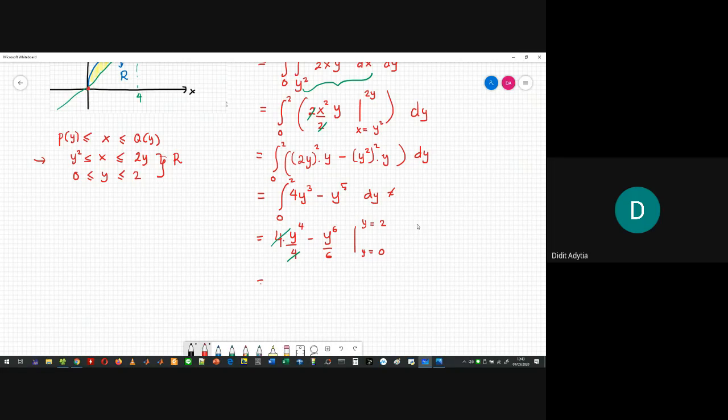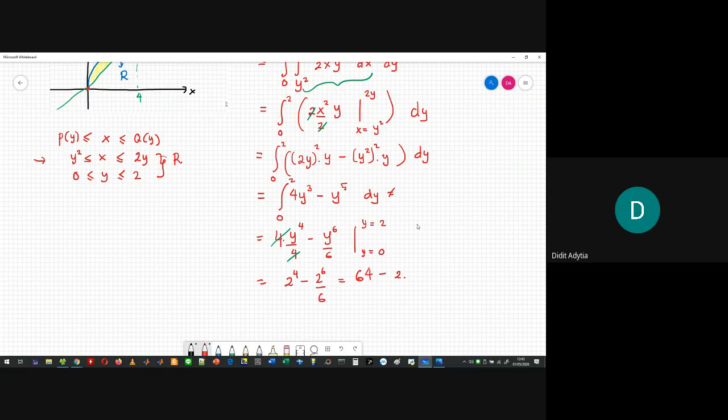So we have 2 to the power of 4, which is 32, I guess. Okay, 2 to the power of 4 minus 2 to the power of 6 divided by 6. Okay, so what do we have? Let me first check. Okay, so this one is actually 64 minus 2 to the power of 6 is, okay, I will break it down first.